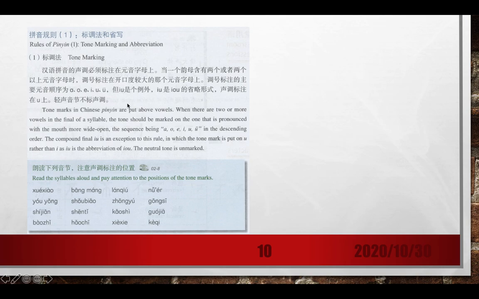And pay attention if we want to put a tone mark above u and ü. 女儿, for example, means daughter. 女儿, we use a small comma. Please read it carefully and try to read these words. Pay attention to the neutral tone.